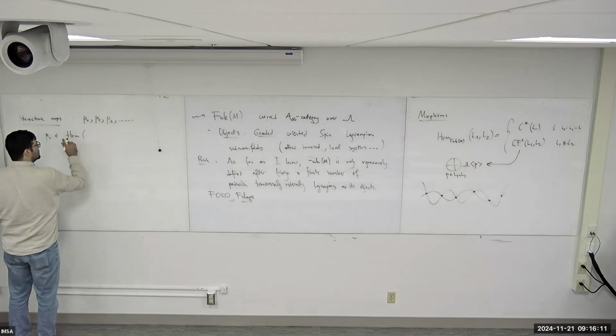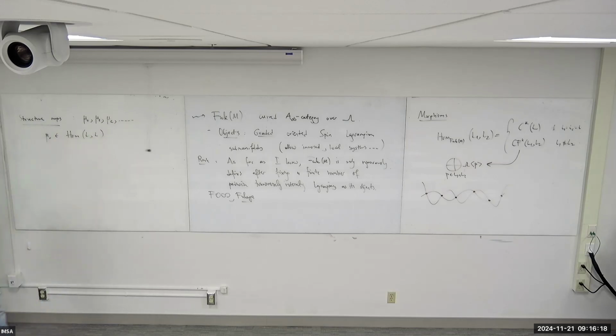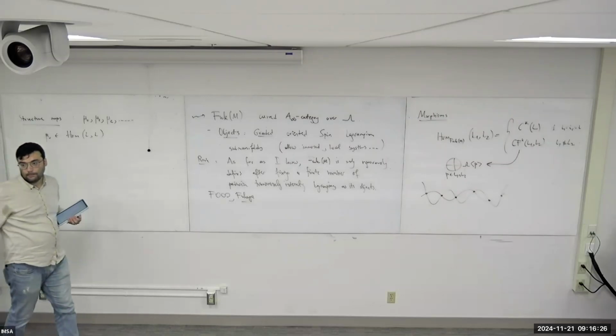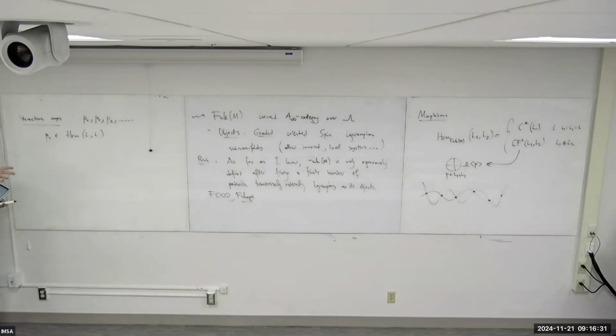Let me start omitting the category, since there's only one category so far: Hom of L to L. So for every Lagrangian, I have an element of this vector space. And this element is roughly obtained by counting Maslov zero disks with boundary on my Lagrangian, roughly. I have a Lagrangian.